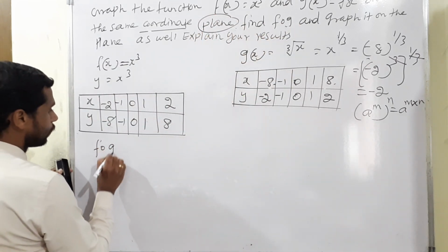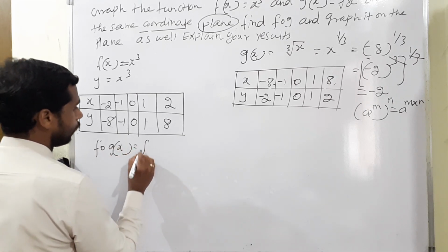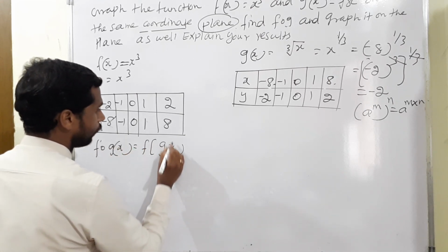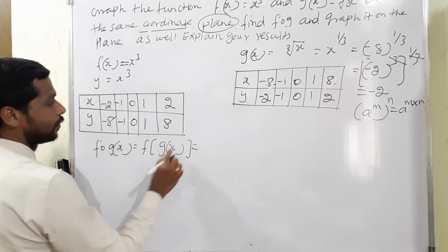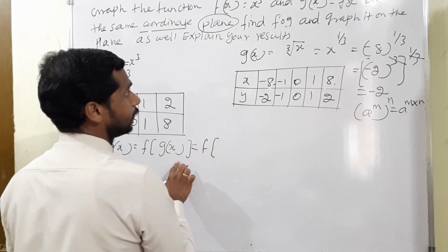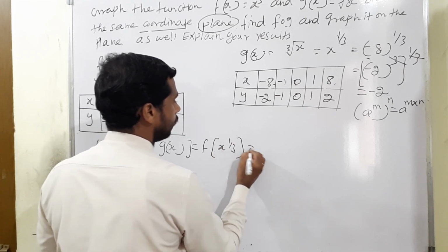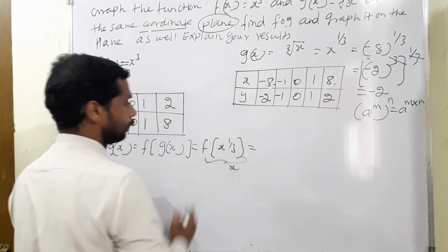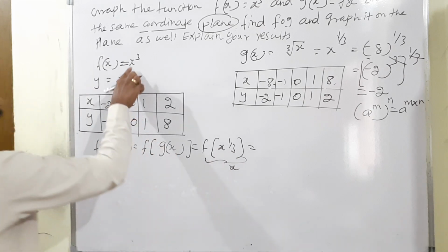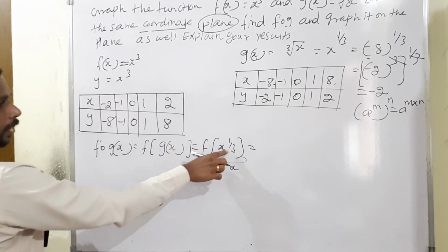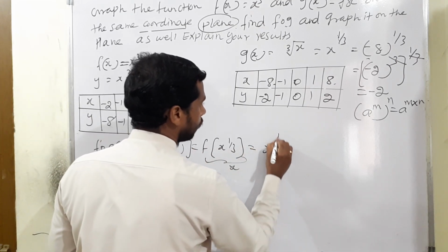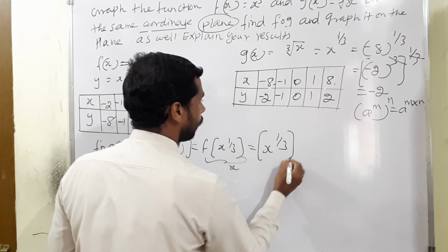So f dot g of x is equal to f of g of x. What is the value? g of x is x to the power 1 by 3, and this whole term is considered for x in f of x. f of x is equal to x cube. Instead of x we write x to the power 1 by 3, then whole power of 3.